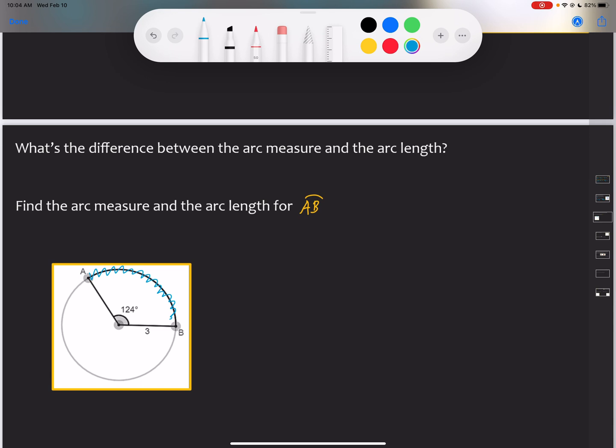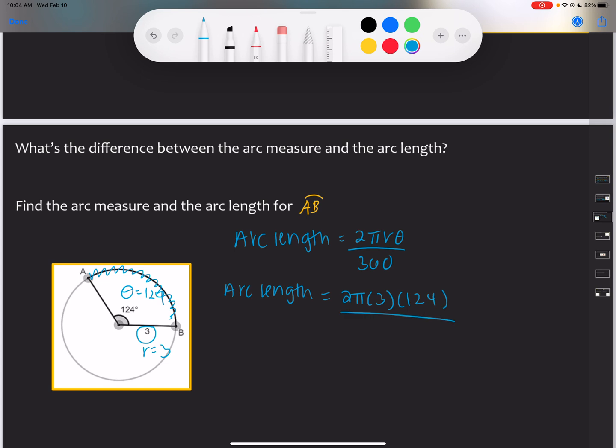All right, so just an example here for you. Arc length equals 2 pi r theta over 360. Okay, so if my radius is 3 and my theta is 124, I'm going to get arc length is 2 times pi times 3 times 124 over 360.